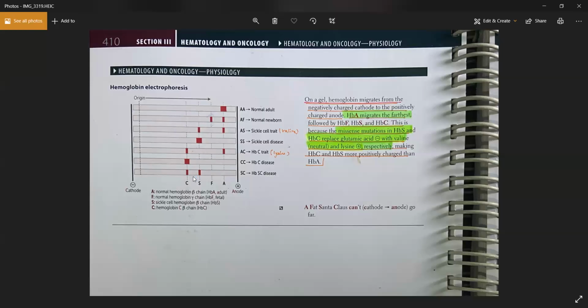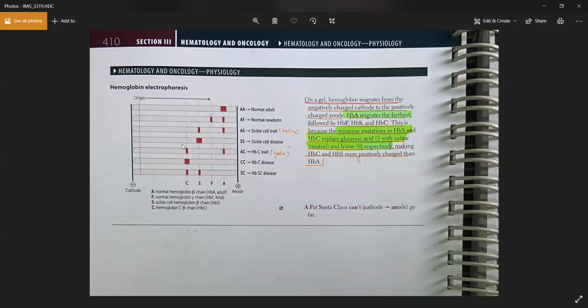Any doubt on the electrophoresis? What were you saying about HbC disease? In case of HbC disease, you will have the conversion of glutamic acid into lysine. Glutamic acid is negatively charged and lysine is positively charged, so because the positive repel each other, this HbC type of hemoglobin will stop here only.